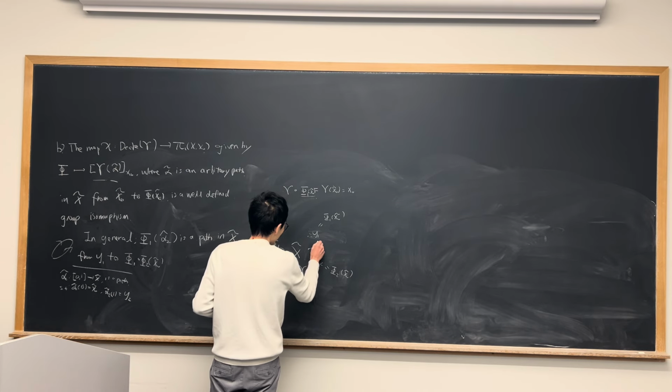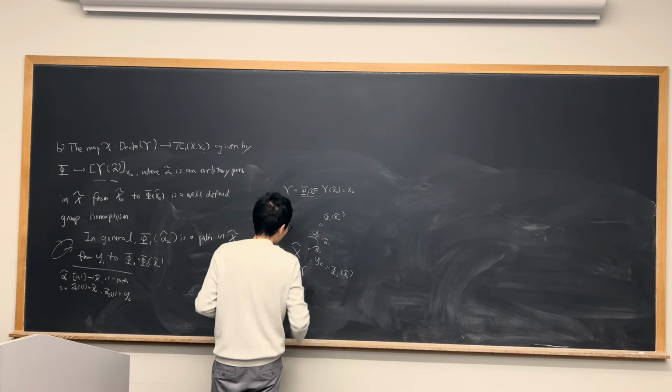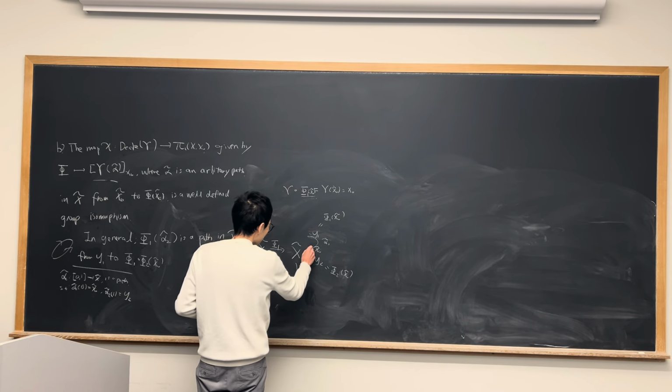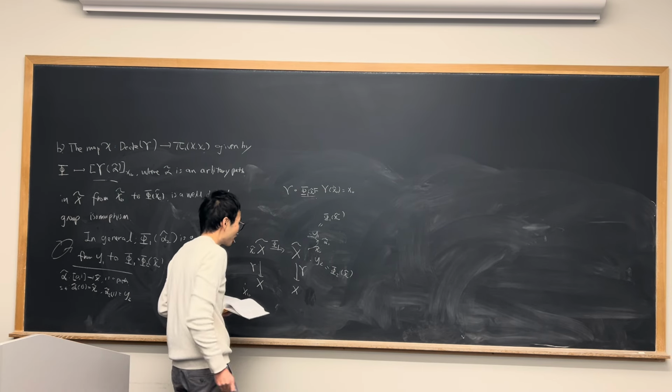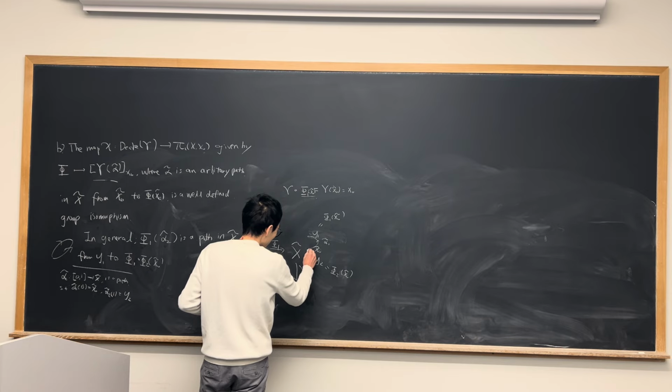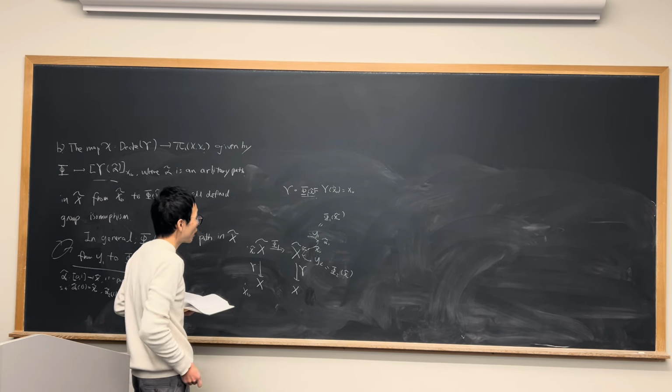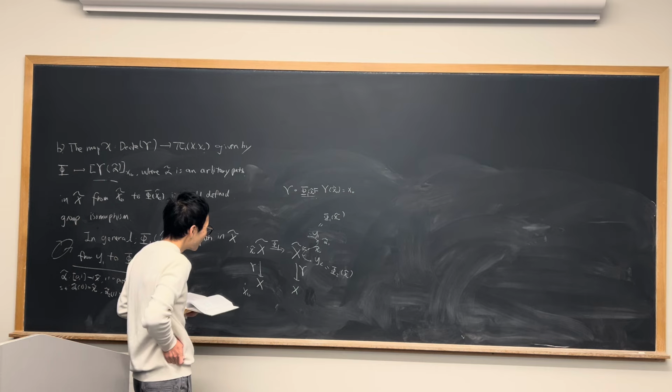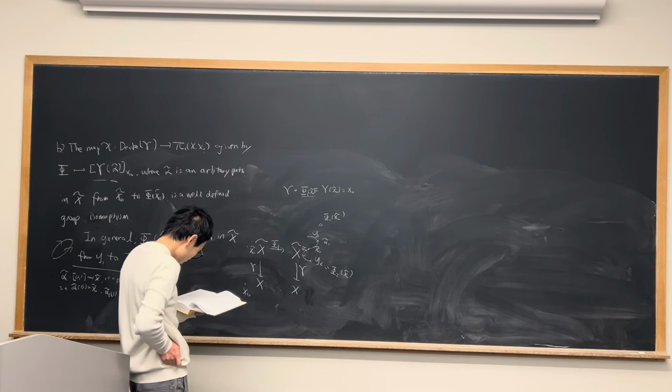So here is alpha tilde 1, starting here and ending here. Maybe I add an arrow here, and then this is alpha tilde 2. And then what happens next?